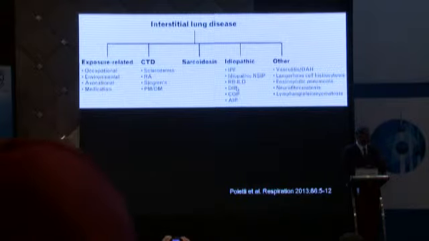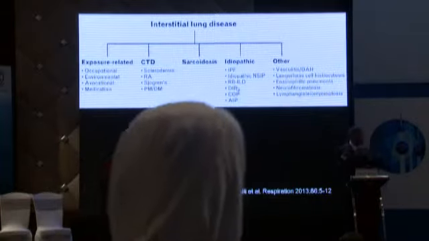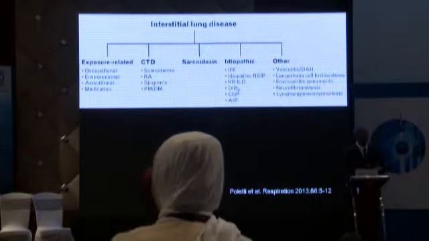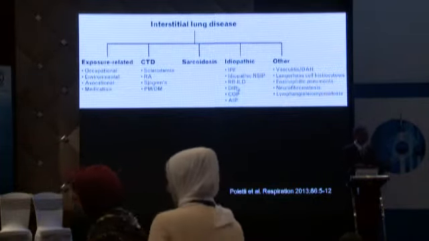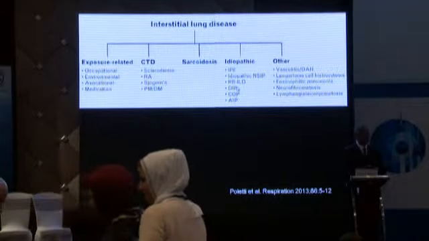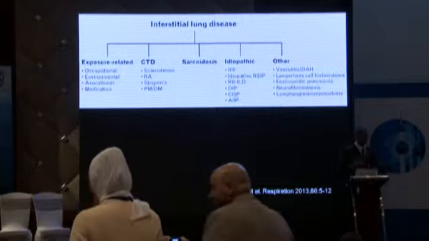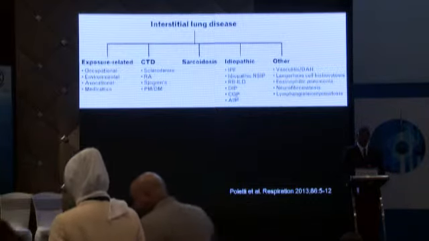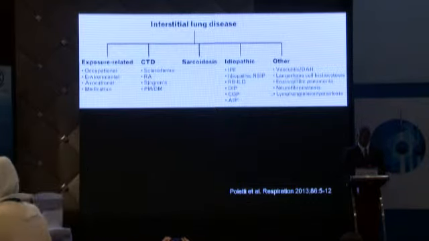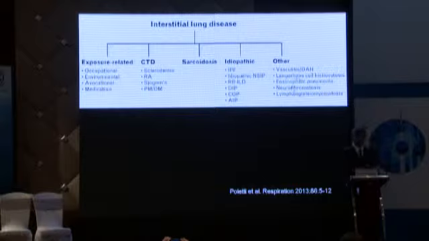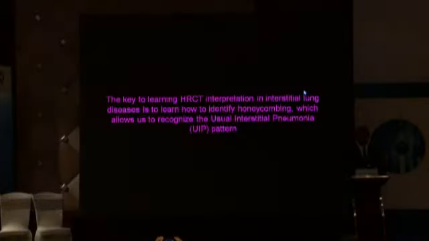We have the idiopathic ones, and those are the ones that create the confusion because, again, all the sadistic and masochistic chest physicians and radiologists love having mnemonics that they can then spout and look very, very intelligent about. And then you have all of these other ones that are long names simply because we don't really understand much about them. But we can make some sense out of this.